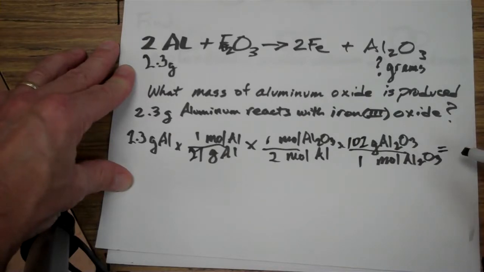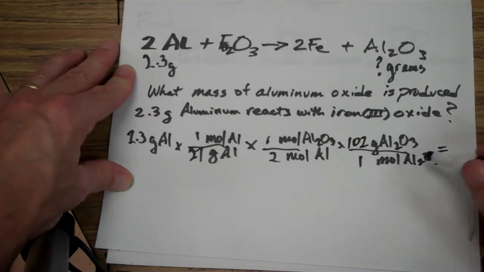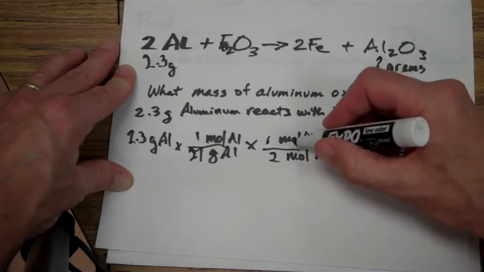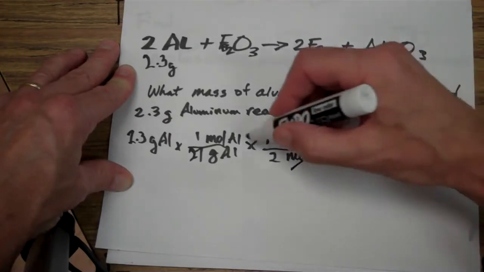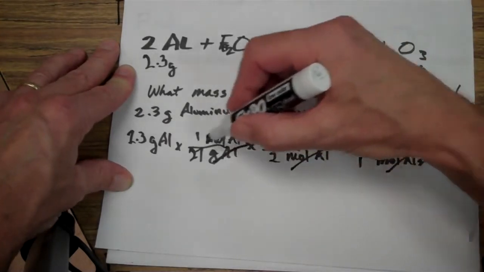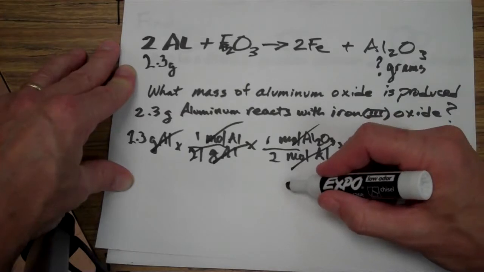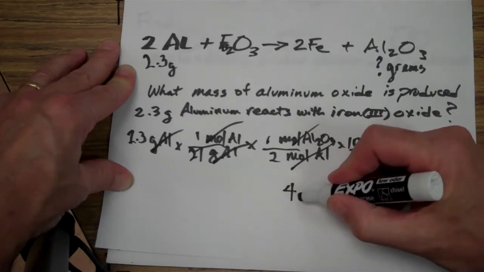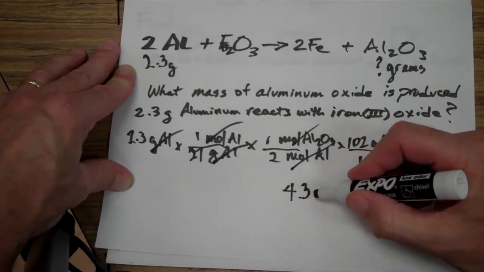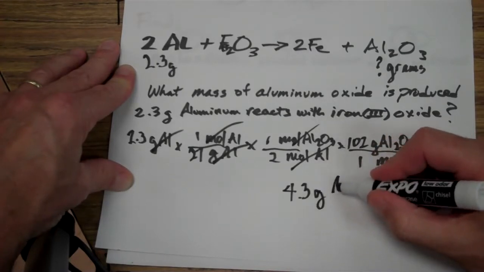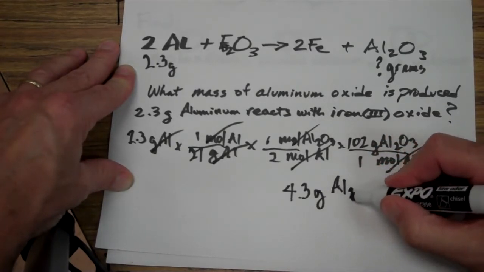Now my problem is essentially done. My moles of aluminum oxide cancel, my moles of aluminum cancel, and my grams of aluminum cancel. And when I crunch the numbers with my trusty calculator, I get 4.3 grams of aluminum oxide.